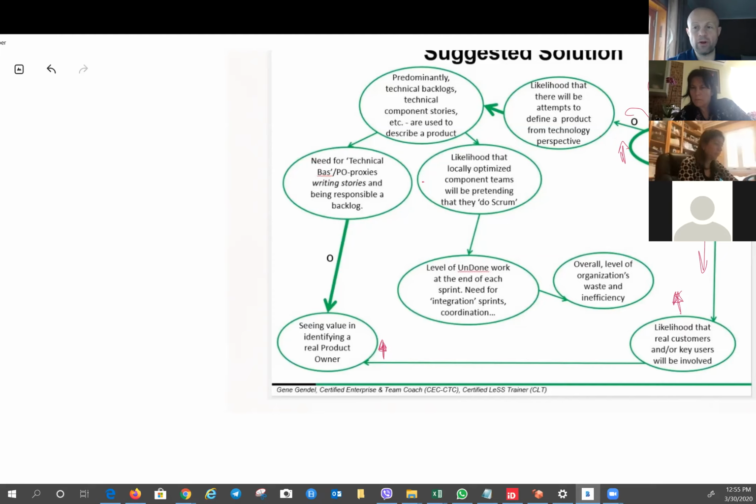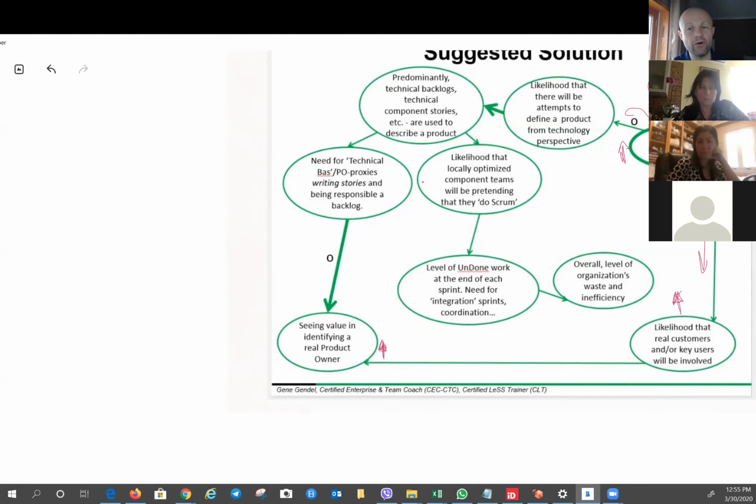That's why you have the O here. Now, if you don't have a properly defined product, as we typically see in organizations that are almost intoxicated with projects and programs and portfolios without real, true products involved, then the likelihood of your technical product backlog prevailing is pretty high. So this is bad. I'm sorry, this is great, and this is not so great. So if you have a lot of greatness, you're going to have less of this, which is not great.